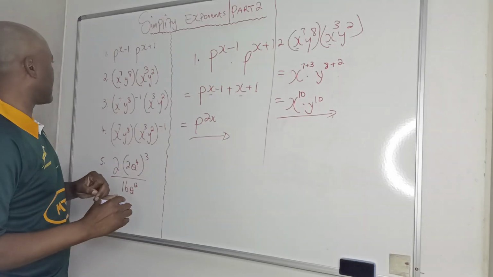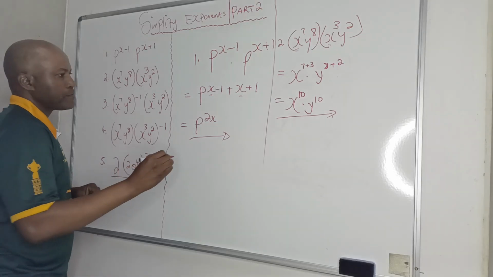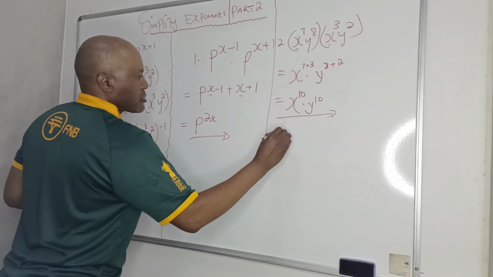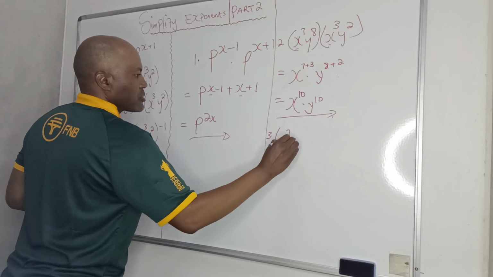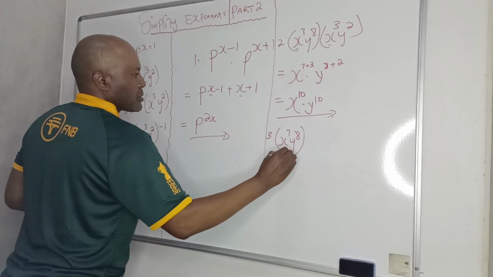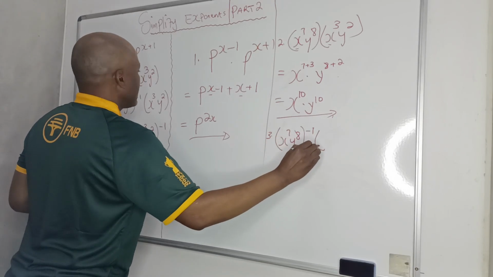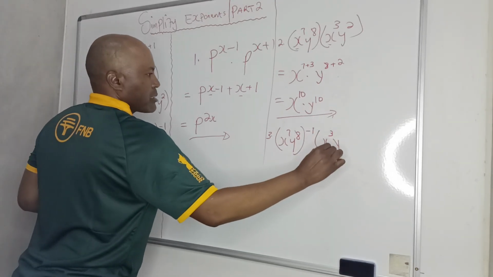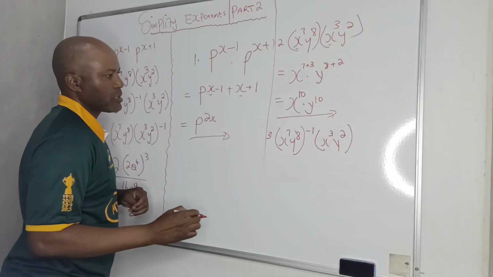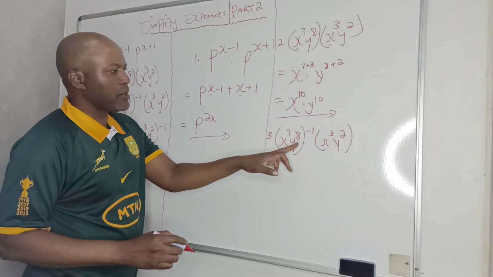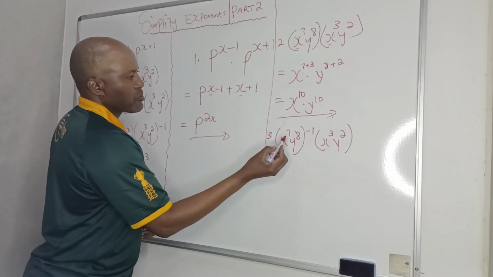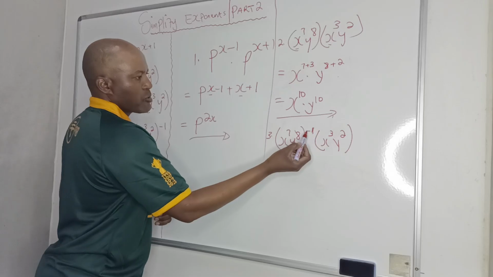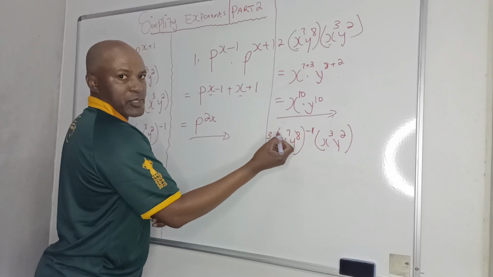Right, number 3. x raised to 7, y raised to 8, all raised to -1, by x raised to 3, y squared. Here I'm going to apply rule number 4 because there is this exponent outside the brackets. I'm going to multiply it with the exponents inside.